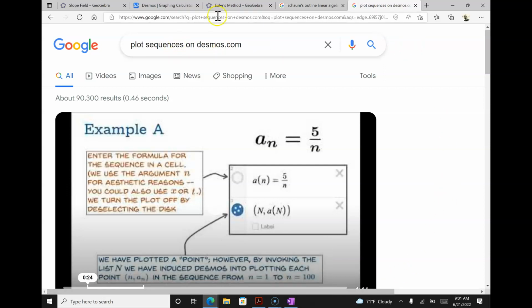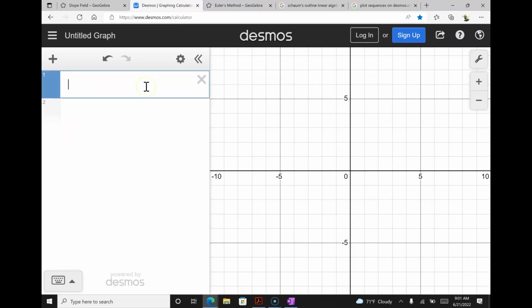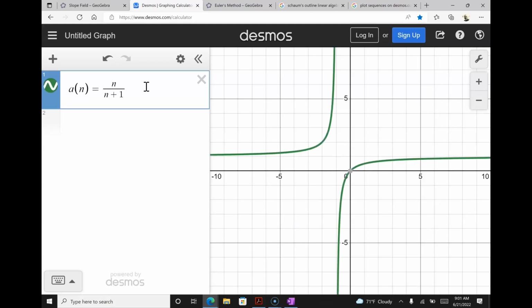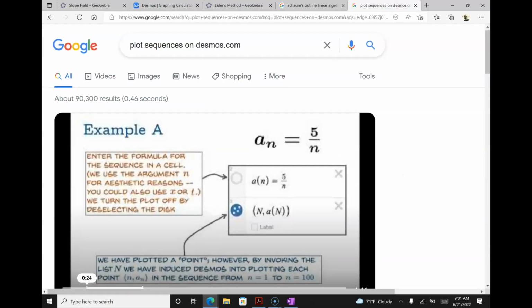So let me just do that. So a of n equals n divided by n plus 1. All right, that's giving me my whole function. That's not quite what I want. I just want to see the points.